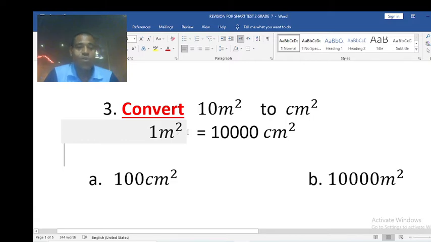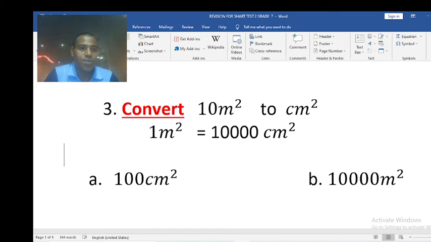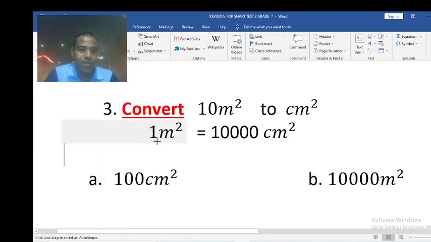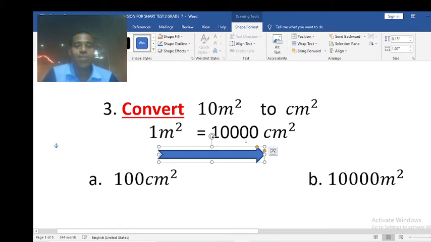It means if you are going to convert a meter square to centimeter square, you should multiply by 10,000. Why?